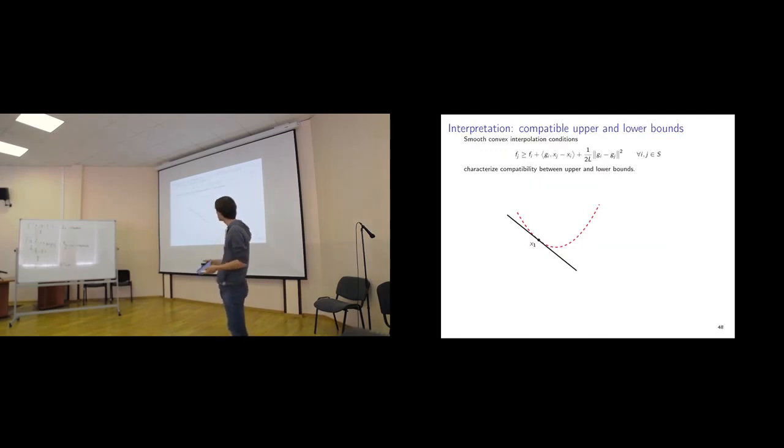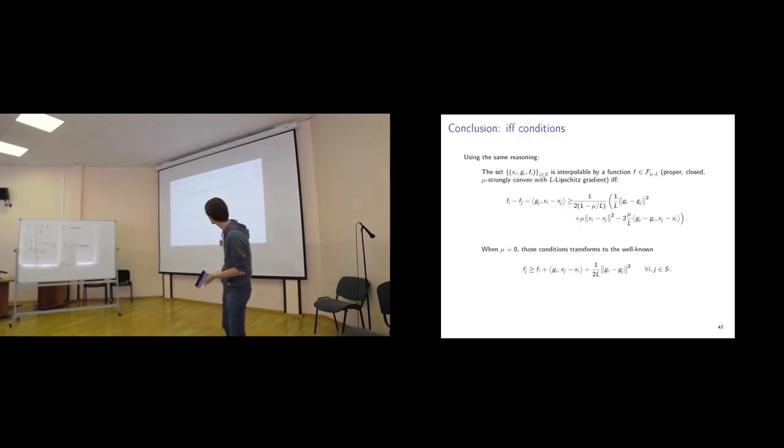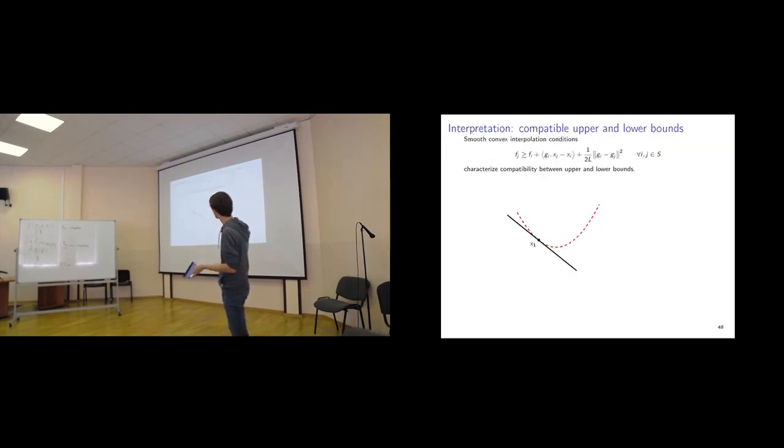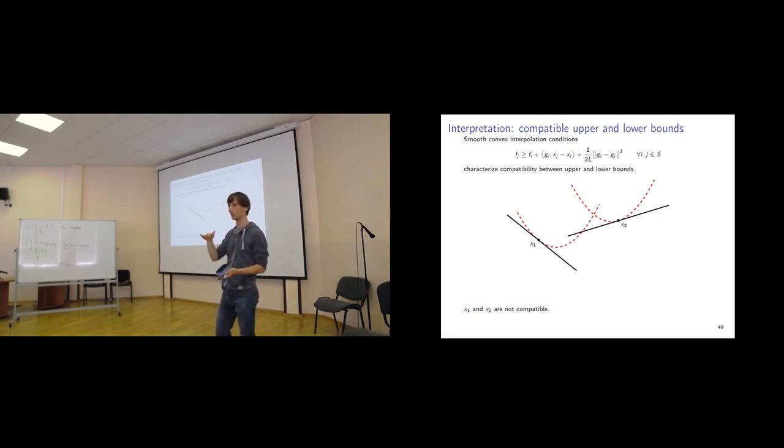Okay, so let me give a bit of intuition on what it means. Even though those conditions may appear a bit technical, for simple examples you can check them just by looking at the examples. For example, you can re-obtain this inequality just by checking whether lower bounds and upper bounds are compatible.